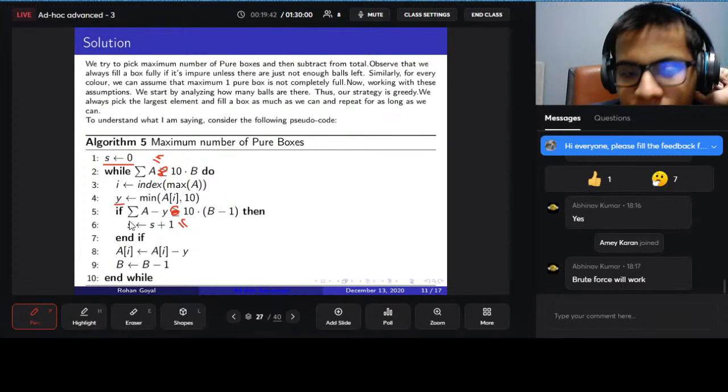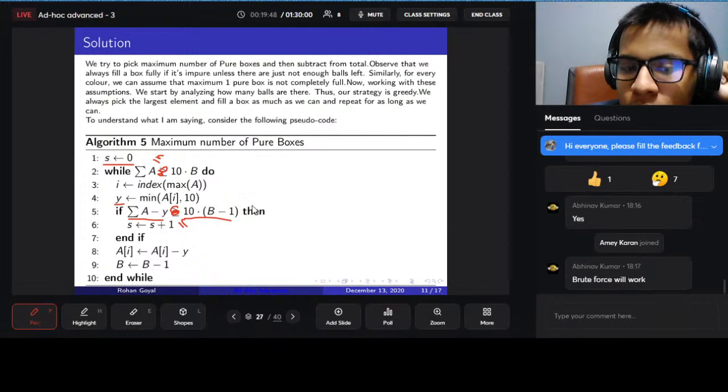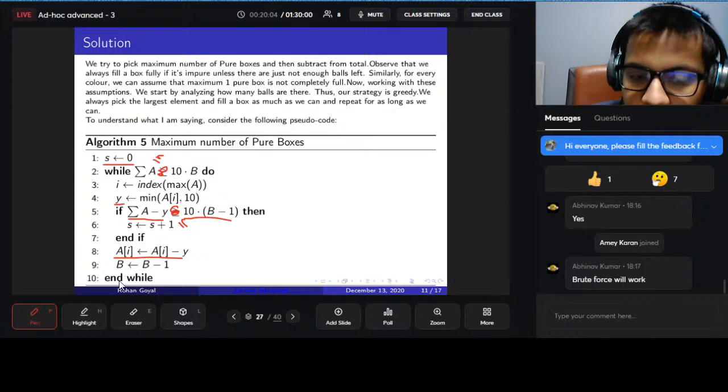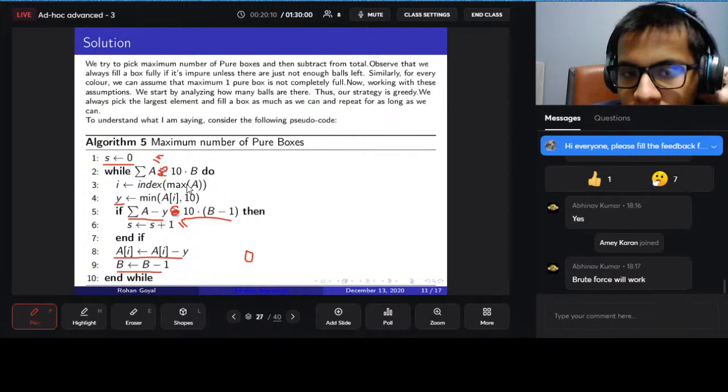We say that there are 5 balls. Now, if the sum is still less than or equal to the sum of the remaining balls, we can create this new box. So S increases by 1 and we are left with the problem with B minus 1 boxes and A_i decreased by i. In the case this is not true, then when we go to this, there will be 0 ways to do it because the loop will break.